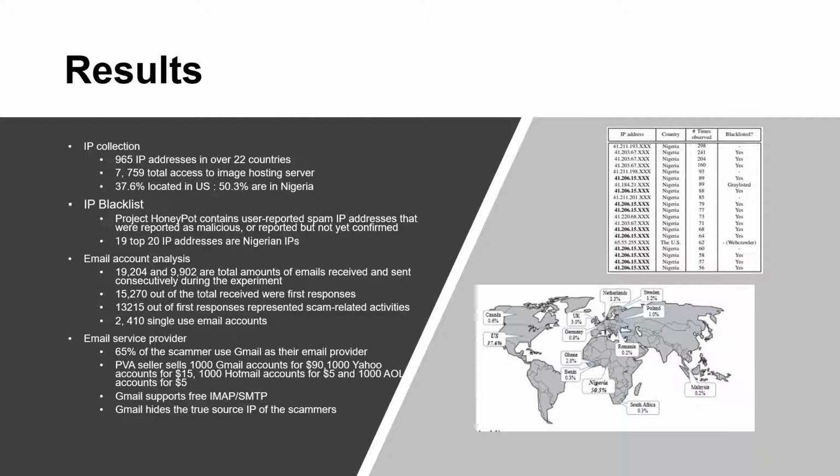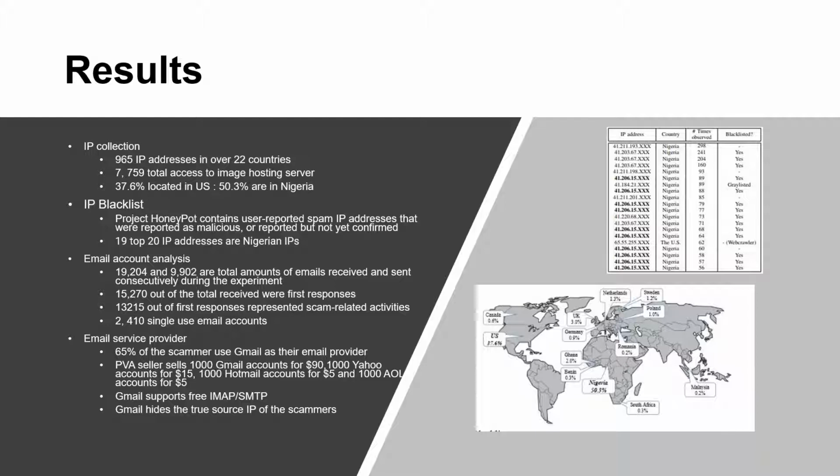The geolocation graph shows that 38% of the scammers were most likely located in the United States, while 50% of the scammers were located in Nigeria. This did not take into account the use of VPN and other proxy-like technologies to hide their true locations.